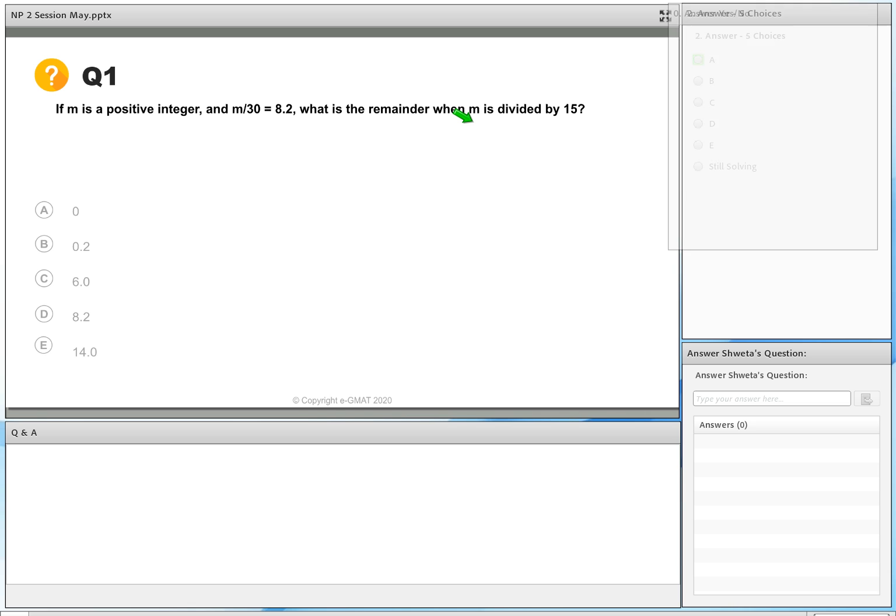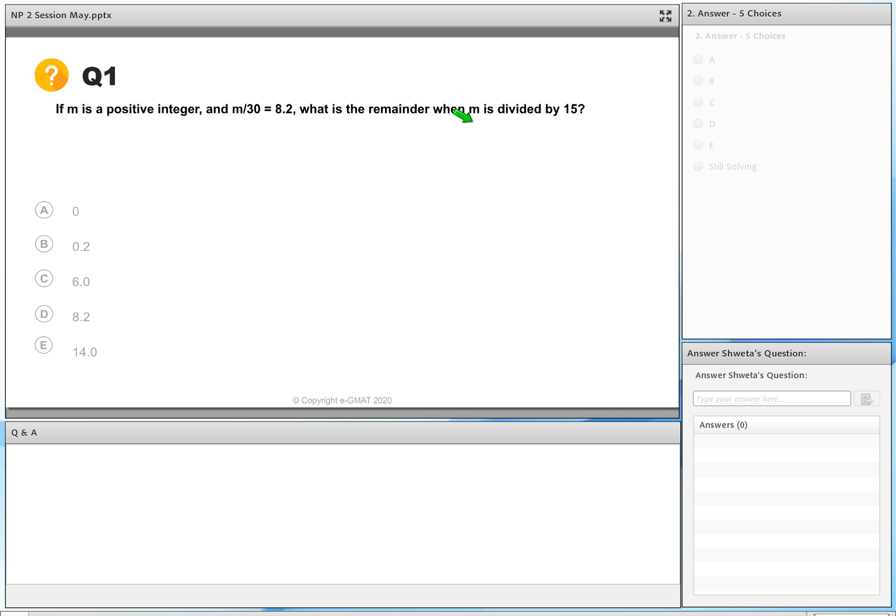Tell me if you actually calculated the value of M first. So a lot of you did this. You actually calculated the value of M. 61% of you did that. 39% did not. I'm glad for the ones who did not, because actually calculating it is super lengthy.